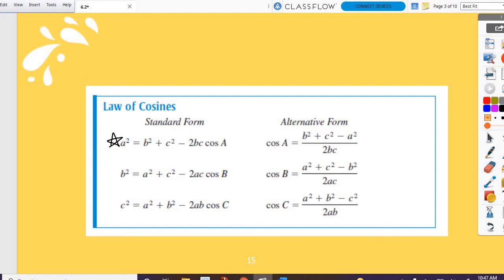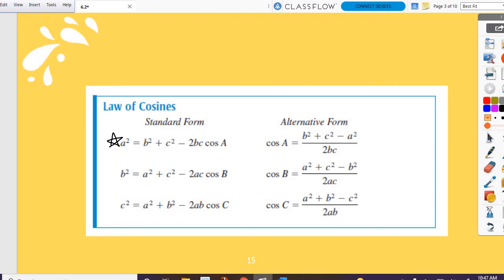Now, your book gives you the alternative form. So notice basically all they did here was solve for cosine of A. So they subtracted b squared and c squared and then divided by negative 2bc, which is why it flipped all of the signs on top. Okay? So if you are into memorizing formulas, go for it and memorize that one. Okay?